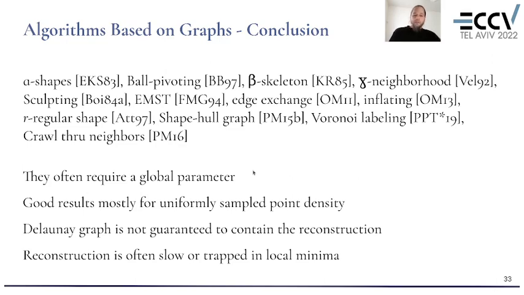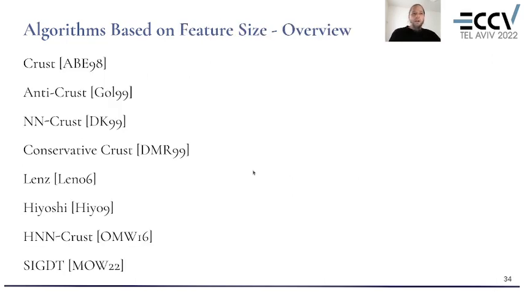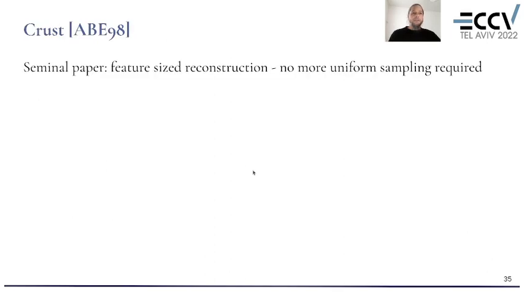So in order to alleviate that, we will look at algorithms based on feature size, which can reconstruct features of any size. Here is the list of 8 algorithms I will briefly talk about, starting with crust, which was a seminal paper since no more uniform sampling was required for the first time, and reconstruction was just based on the size of the features and required proportionally many points.